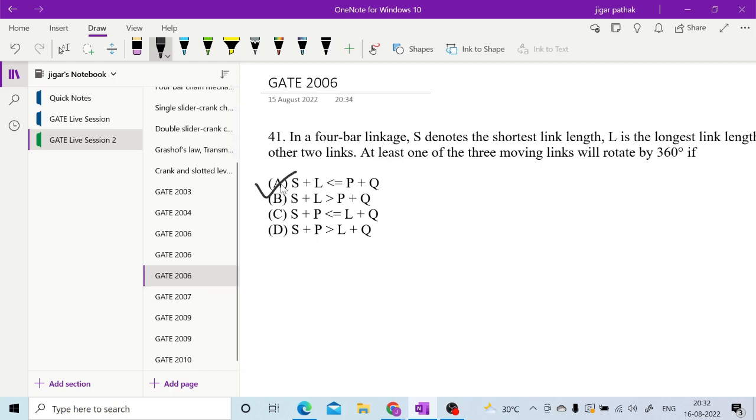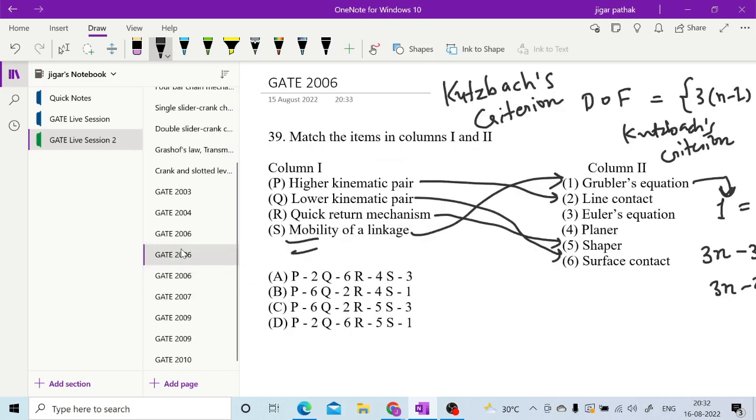I have marked A only, no? Sir, what was the answer of the one before this? The answer was B, no sir? The one before this, the answer is C. Whatever we have calculated, this is C. Yes, P6 Q2 R5 and then S. Sorry. No, S1. No sir, this is D. Yes, yes, yes. Okay.